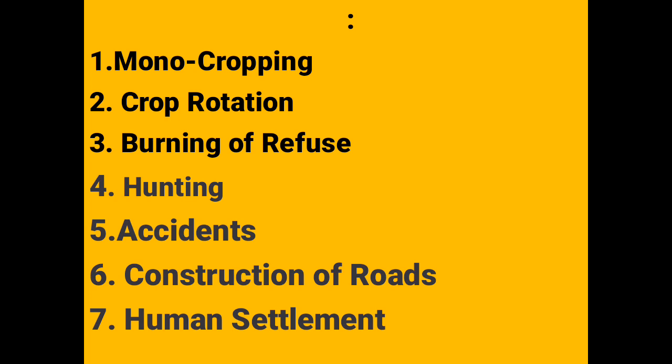Good. Number 5, accident. Now, accidents can occur to a bush in such a way that all the trees and the grasses there will be burned down. This can be as a result of maybe a car, or a lorry, or big trucks accidentally moving into the bush area and then it catches fire.